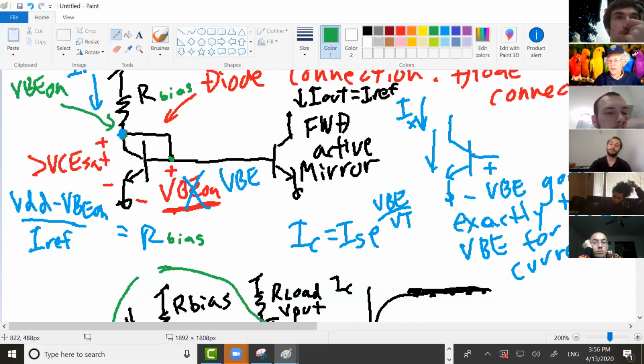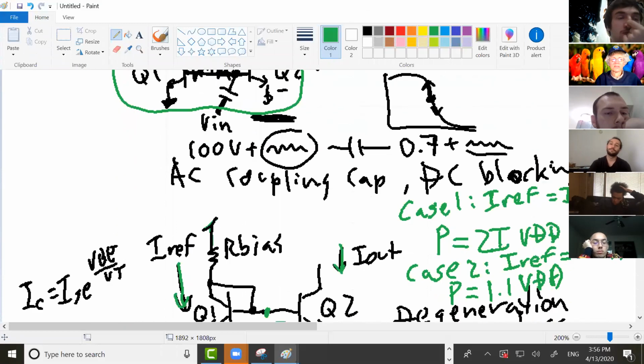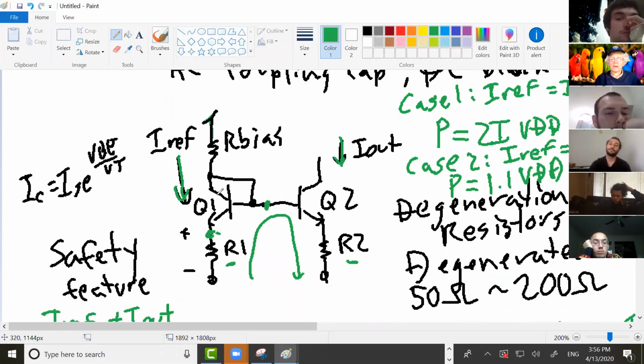Okay, let's go down here. Comparing, let's see, what's the voltage drop across the transistor here, approximately? VBE.